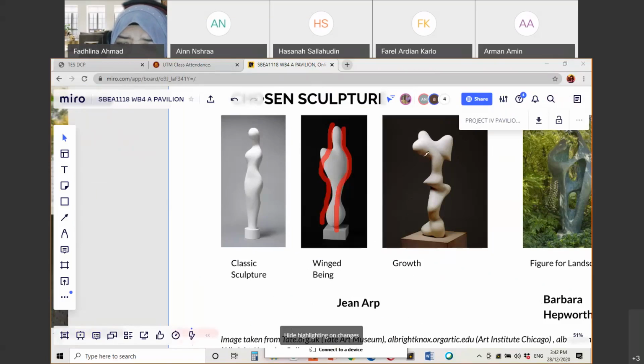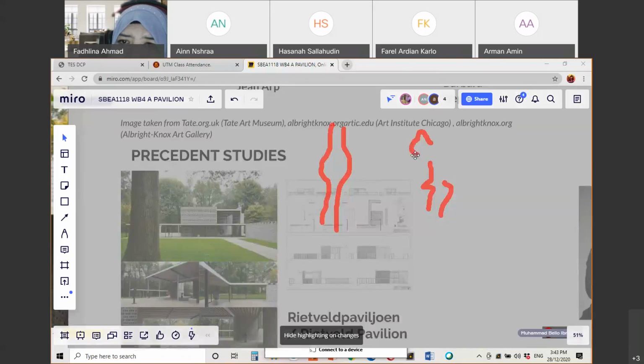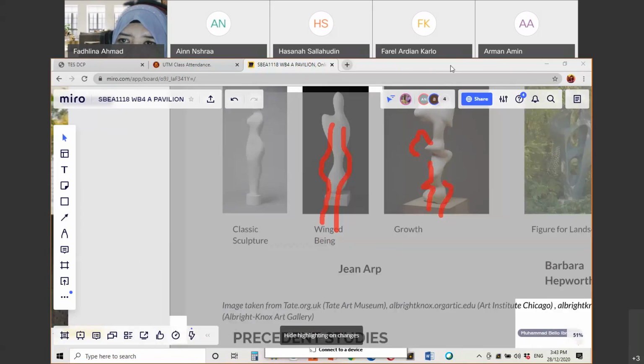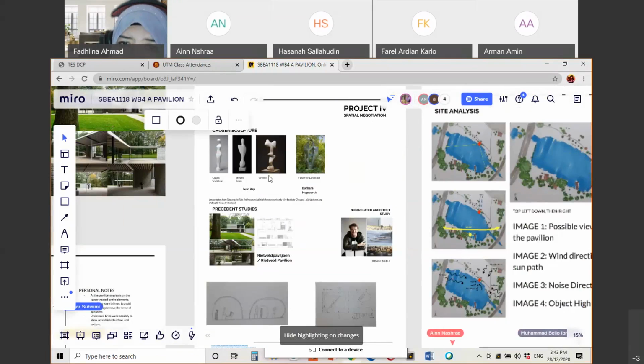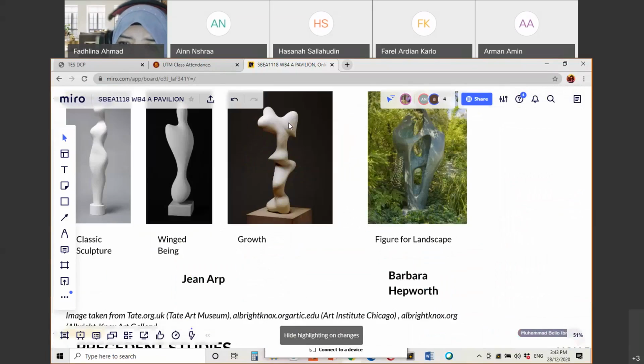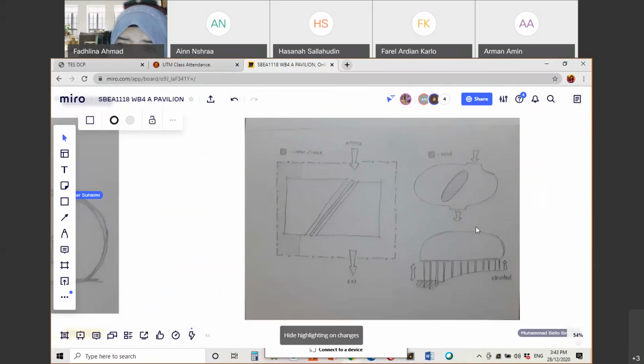It creates contrast: this one has sharp edges, this one also sharp edges, and then they have the curvilinear edge. It makes some difference between each other and creates a more interesting part over the whole idea of the sculptures. Can you understand? Yes, no.